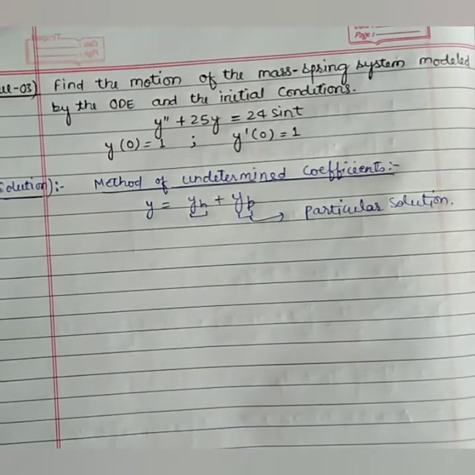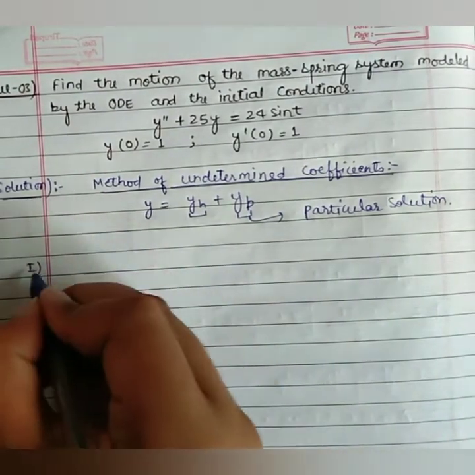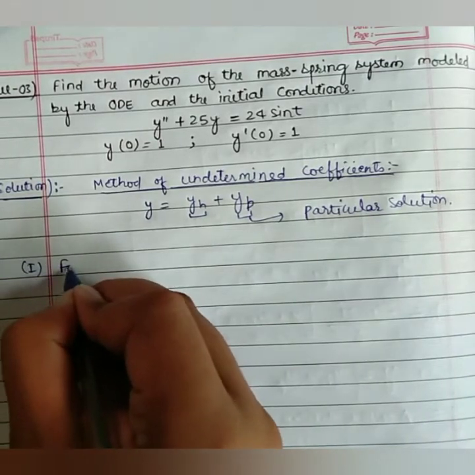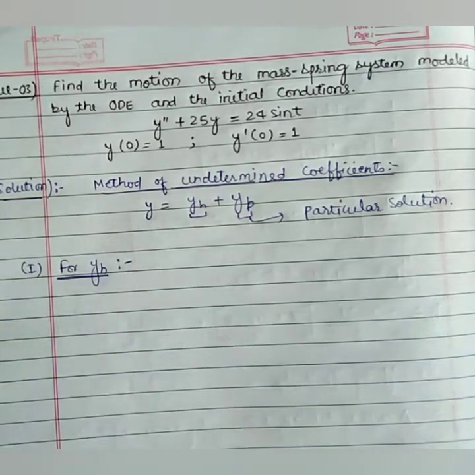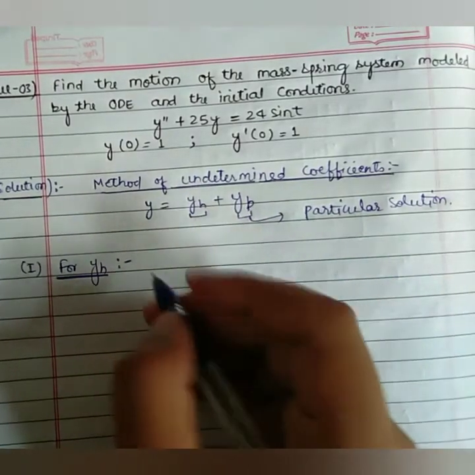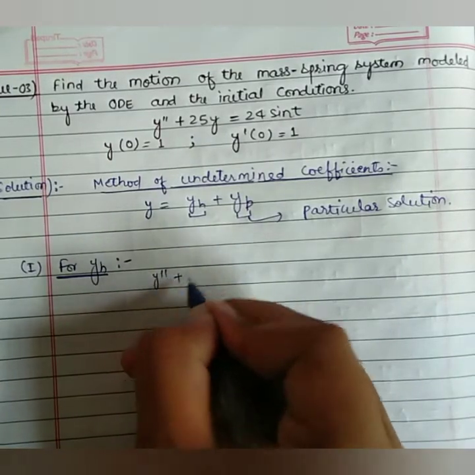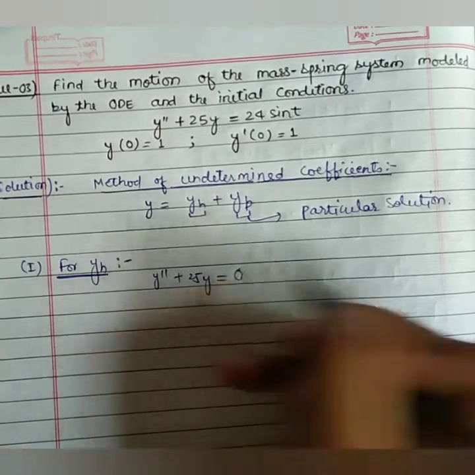So when we solve for the first part of the question, that is for yh, the general solution: y double prime plus 25y equals 0.